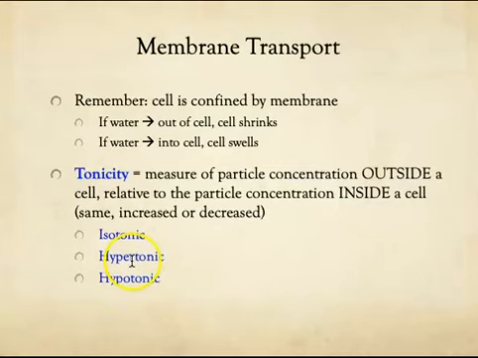So hypertone means that there's more particles on the outside compared to the inside. Hypo means less or decreased. So less tone on the outside compared to the inside. Fewer particles on the outside compared to the inside.